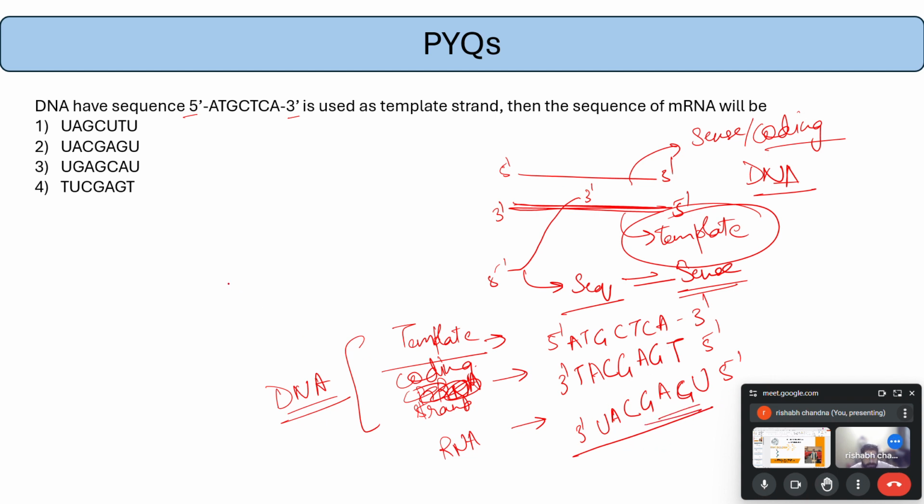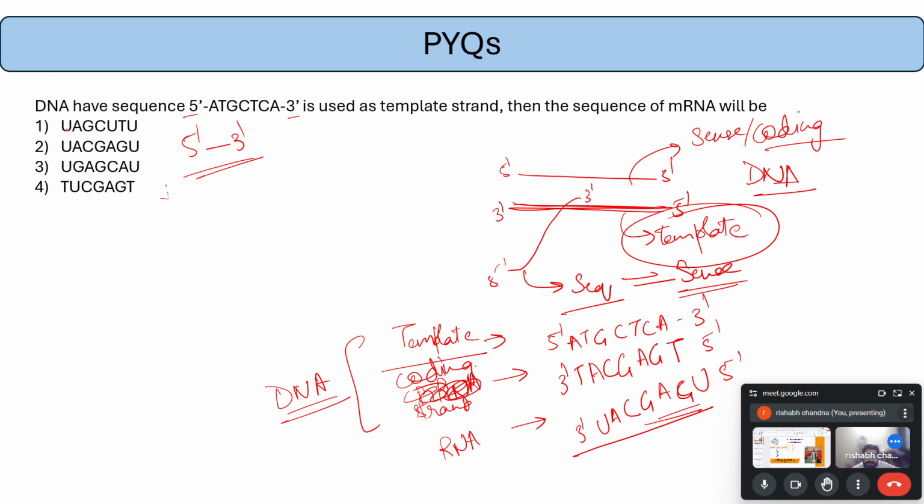Every time, if the polarity is not mentioned in the answers, consider it to be 5 prime to 3 prime only. This is the logic behind such questions if the polarity is not mentioned in competitive examinations. So now we'll search.